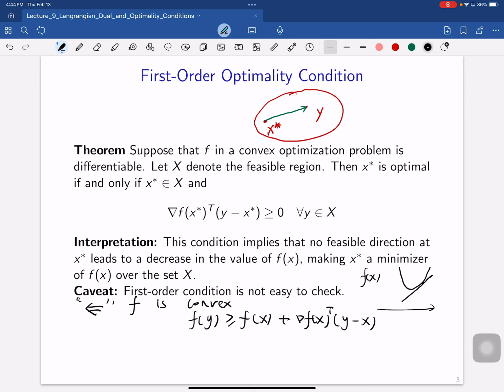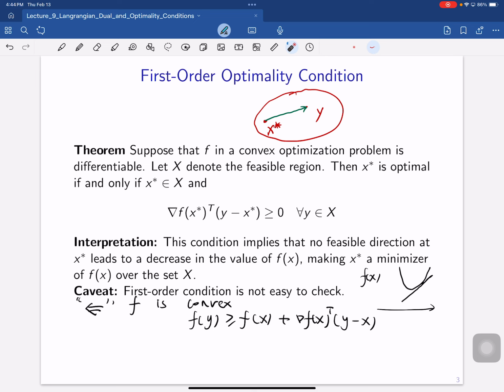The geometric interpretation is that if you use the gradient to estimate the function here, this first order Taylor series expansion will underestimate the nonlinear function. Hopefully, you still have some memory of that.